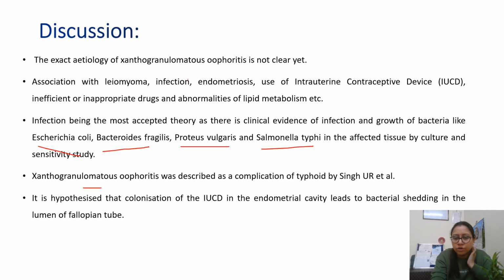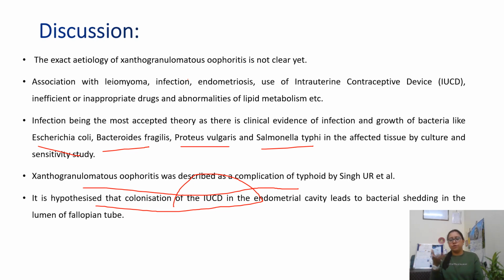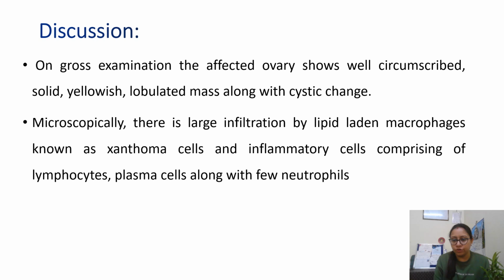Xanthogranulomatous oophoritis was described as a complication of typhoid. It has been hypothesized that colonization of intrauterine contraceptive devices also leads to bacterial shedding in the lumen of the fallopian tube. So these few etiologies have been considered to be an underlying defect in xanthogranulomatous salpingo-oophoritis.